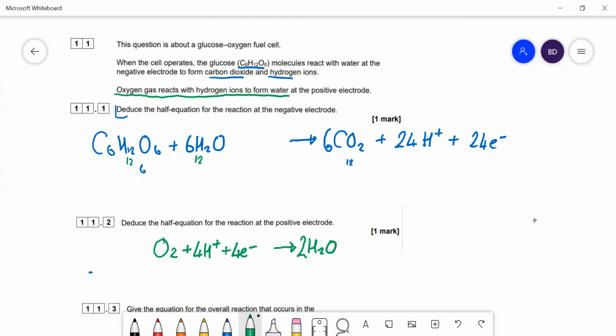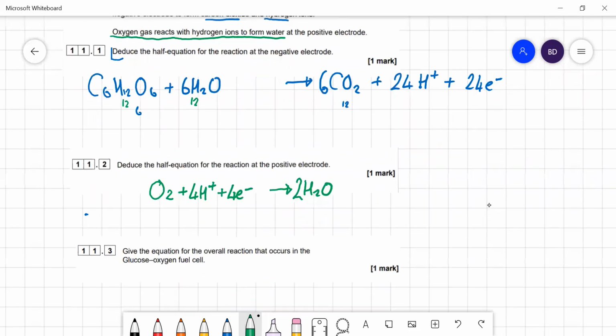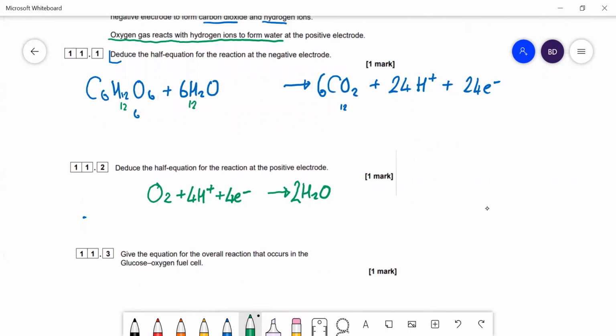Okay, we're given an overall equation for the reaction that occurs in the glucose oxygen fuel cell. You can see we've got 24 protons here, and only 4 here, so I'm going to have to multiply that by 6. That's going to give us 24 H pluses, 4 times 6, yeah, 24, so they're all going to cancel out, and the electrons are obviously going to cancel out.